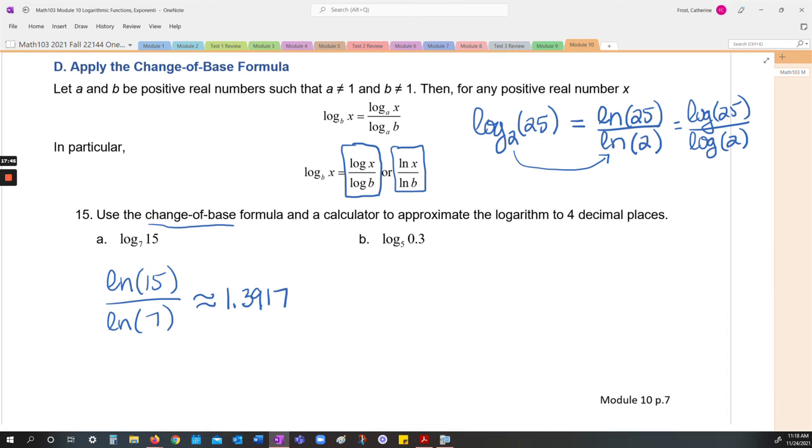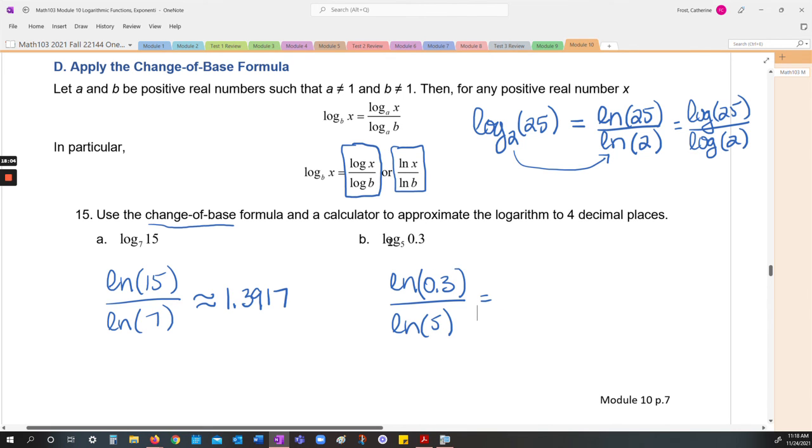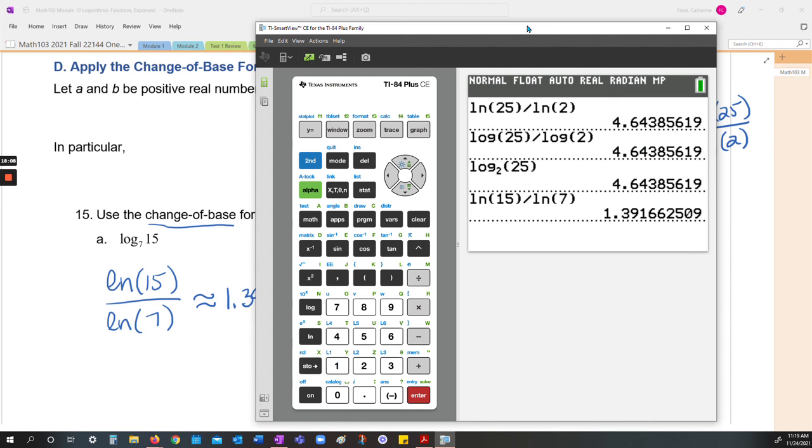So then for log base 5 of 0.3, again, I just pick ln because it's literally one less letter for me to write. Divided by natural log of 5. And we're probably going to get something negative, like we probably would have to raise 5 to a negative exponent to get something around 0.3.